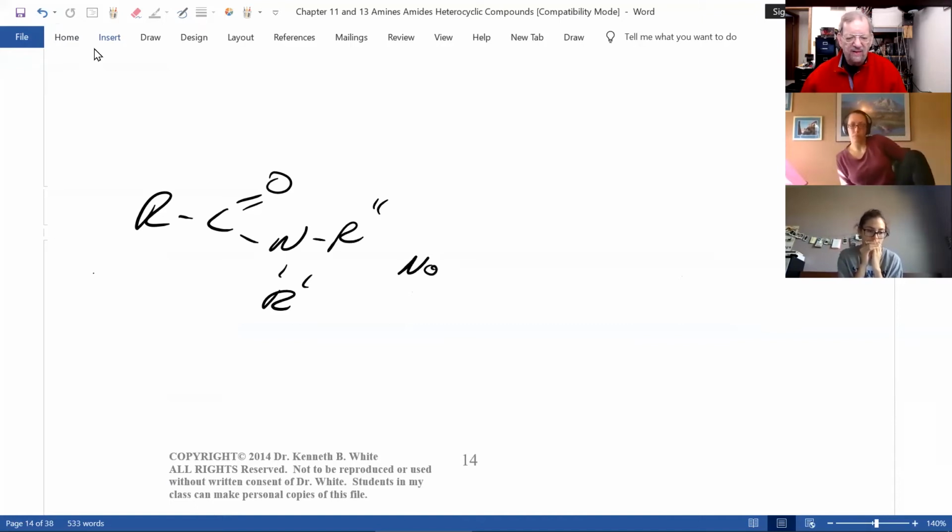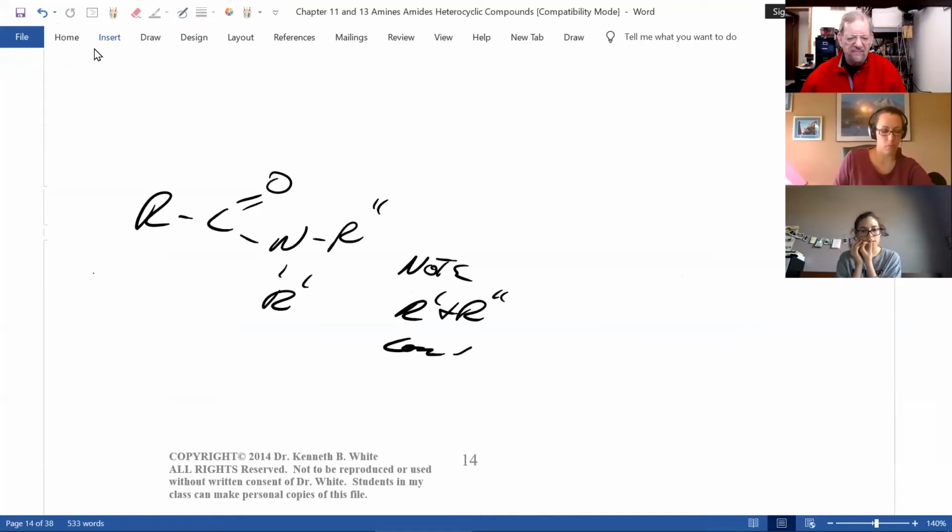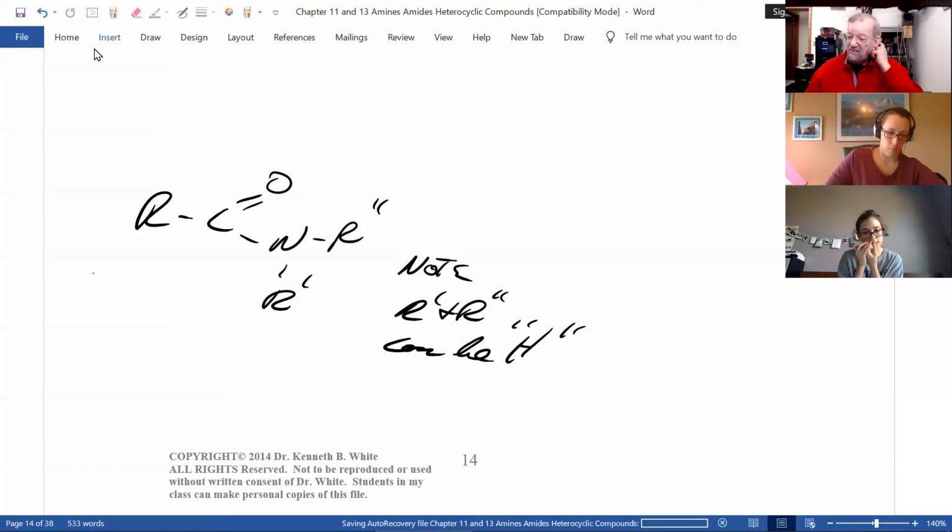Note, R prime and R double prime can be hydrogen, or they can be alkyl, meaning carbons, or a combination of alkyl and hydrogen.